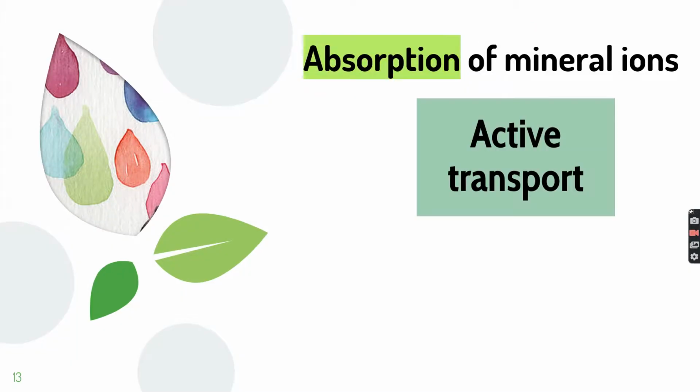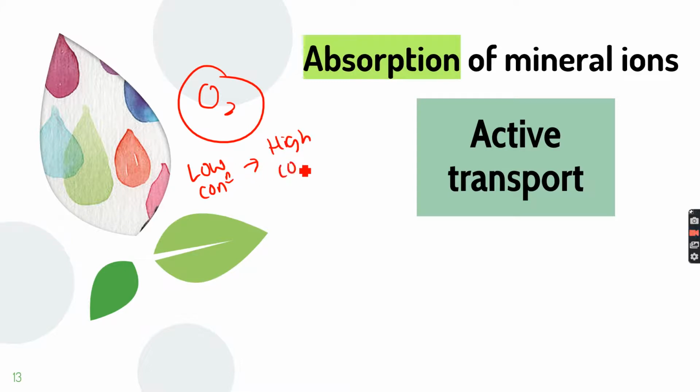So how do the root hair cells do this? They carry out active transport. So this is where the oxygen part is important. Remember that active transport is the movement of substances from a region of low concentration to a region of high concentration against a concentration gradient by the use of energy released from respiration.